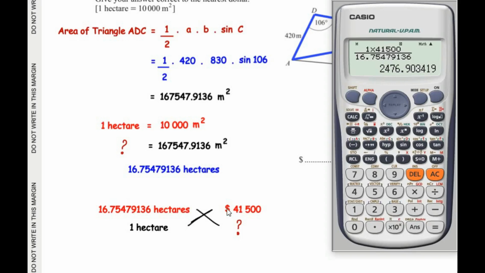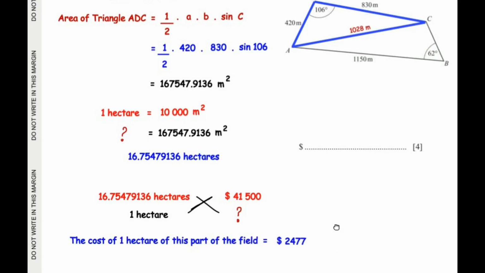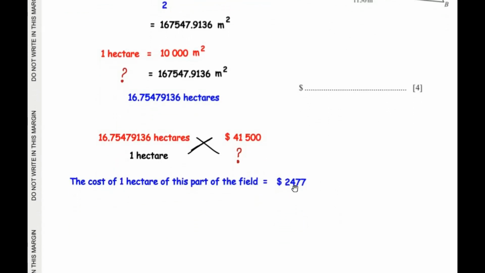So this is the cost for 1 hectare of this area. Since we have been asked to round it to the nearest dollar, we are going to round this value as $2,477. So let me write here. The cost of 1 hectare of this part of the field is going to be $2,477. This is its value.